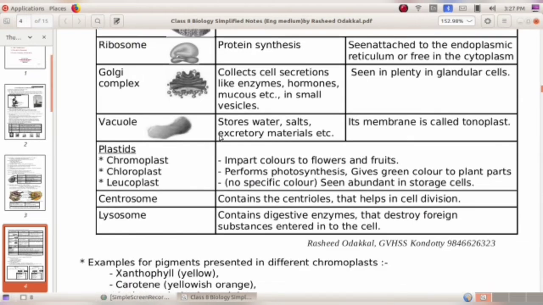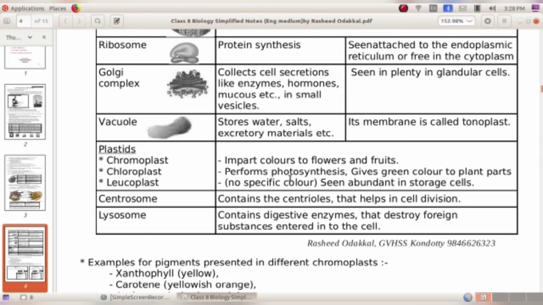Then vacuole stores water, salts, excretory materials, etc. Its membrane is called the tonoplast. Vacuoles and plastids are seen only in plant cells. Plastids are of different types: chromoplast, chloroplast and leucoplast. Chromoplast imparts color to flowers and fruits.